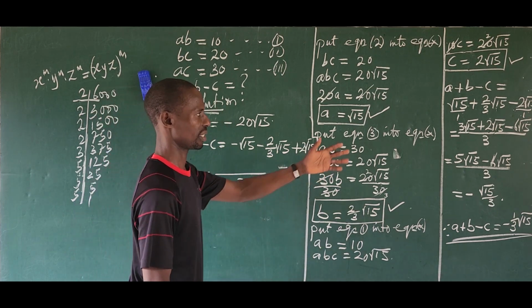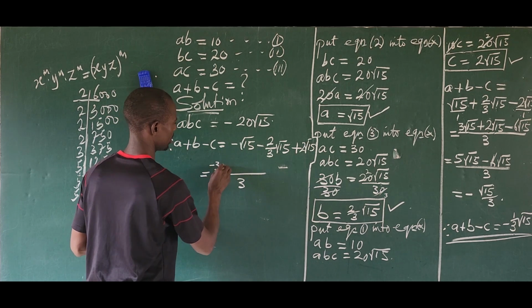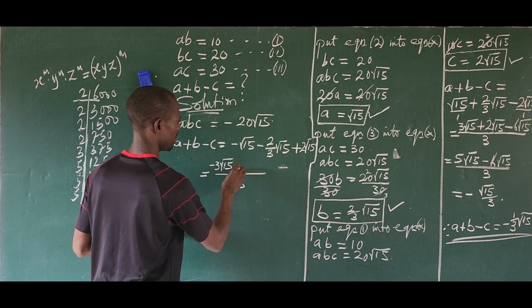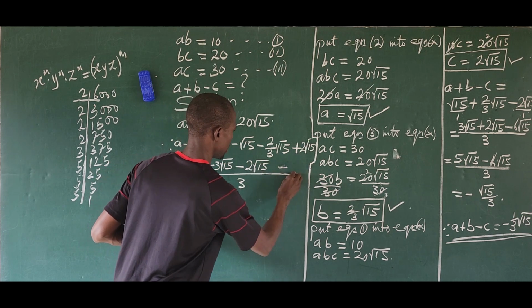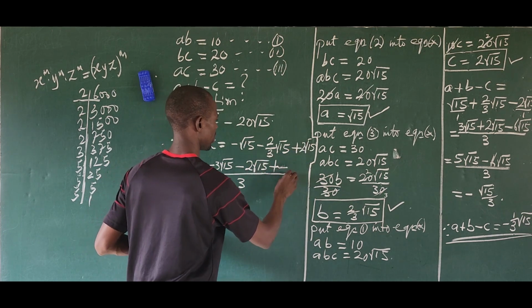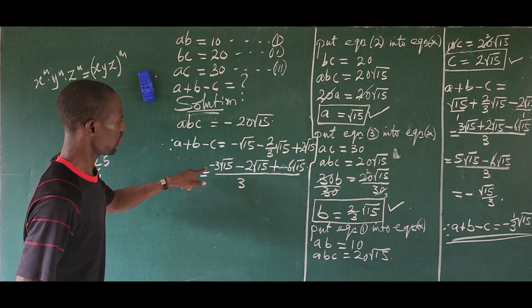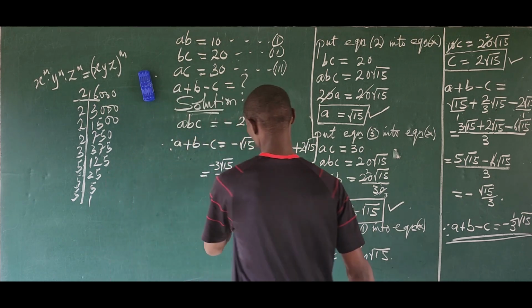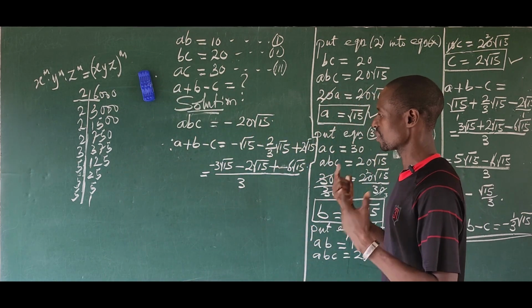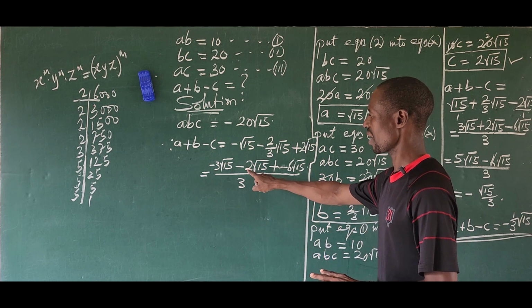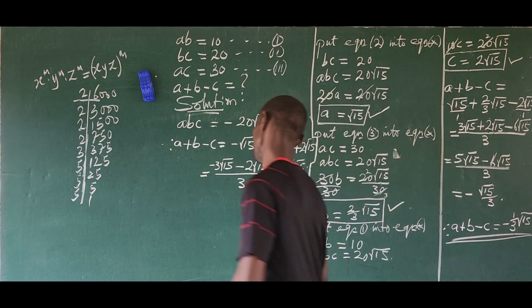So the difference is just the minus side. Here we're going to have minus 3 root 15, then minus 2 root 15, then here it's going to give us plus 6 root 15. So minus 3 root 15 minus 2 root 15 will give us minus 5 root 15. Minus 5 root 15 plus 6 root 15 will give us positive root 15.